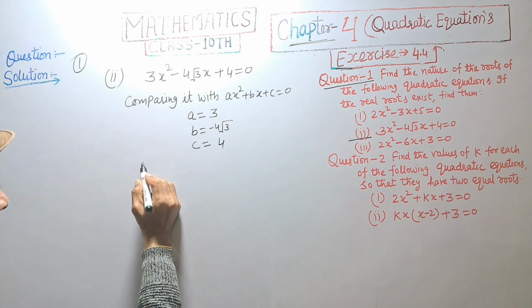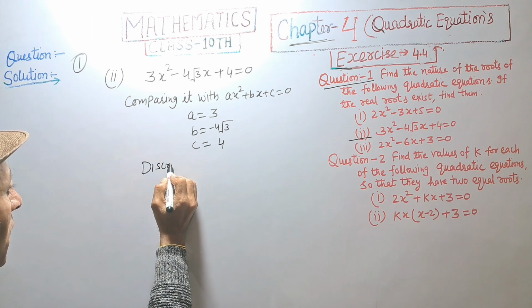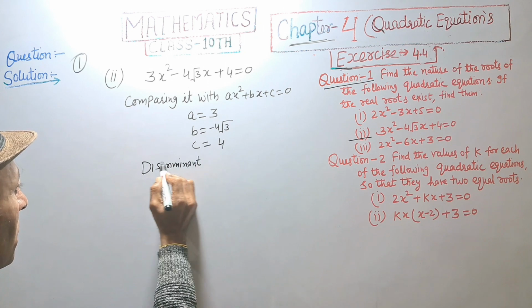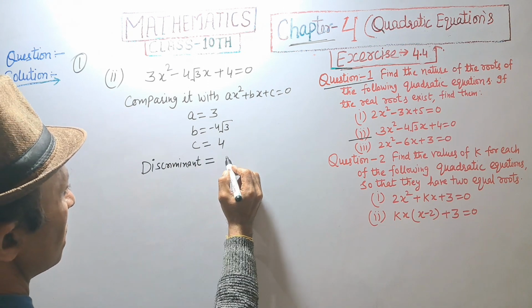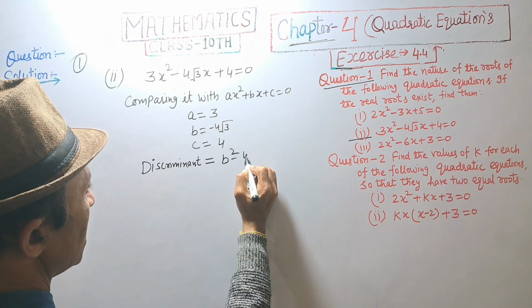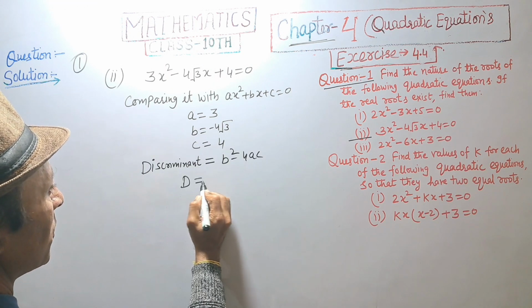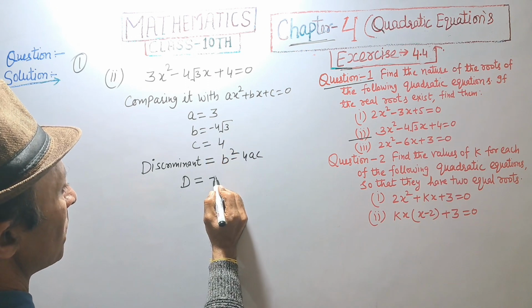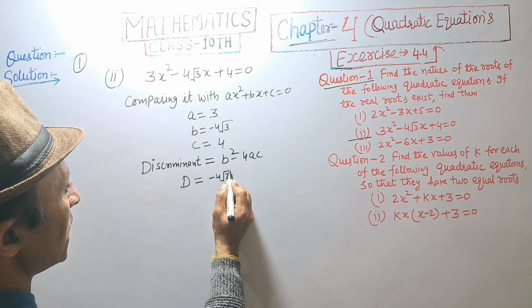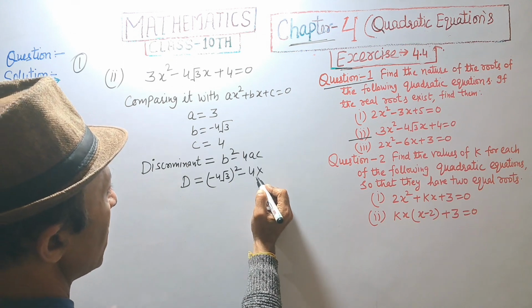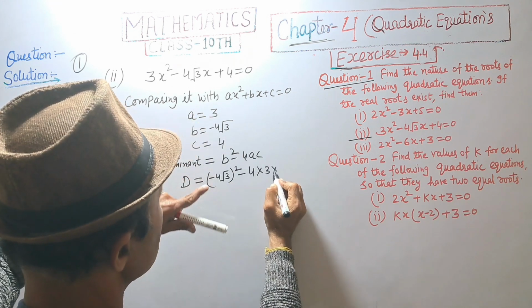And discriminant b square minus 4ac, D is equal to b is here minus 4 root 3 raised to power 2 minus 4 into a is 3 into c is 4.